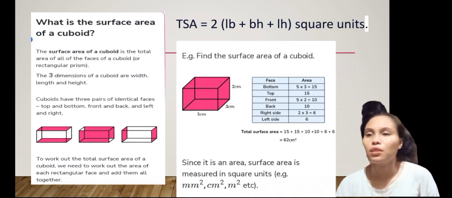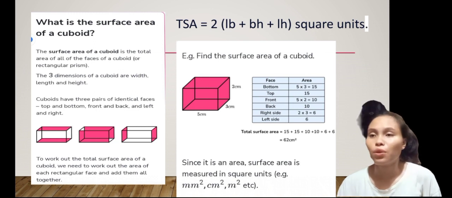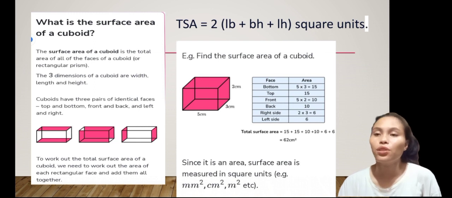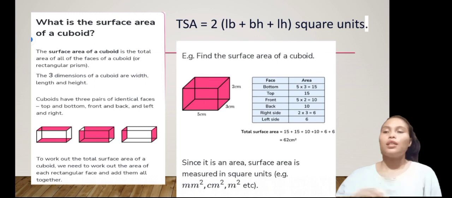The top is 15. The front is 5 times 2 equals 10. The back is 10. The right side is 2 times 3 equals 6. The left side is 6. Total surface area is 15 plus 15 plus 10 plus 10 plus 6 plus 6 equals 62 square centimeters. Since it is an area, surface area is measured in square units, for example, square millimeters, square centimeters, square meters, and so on.